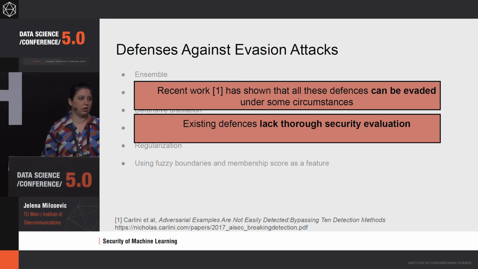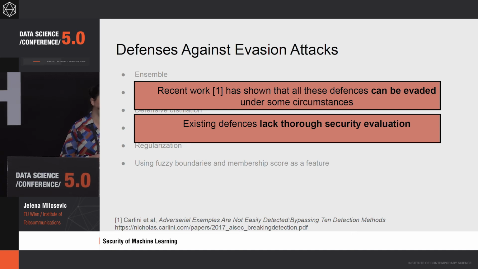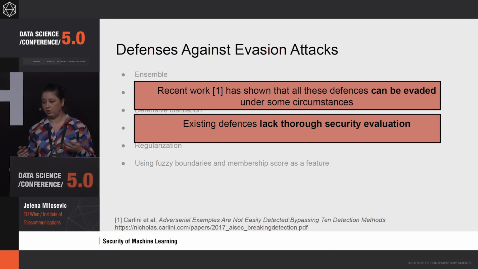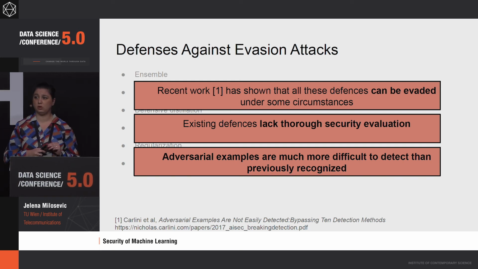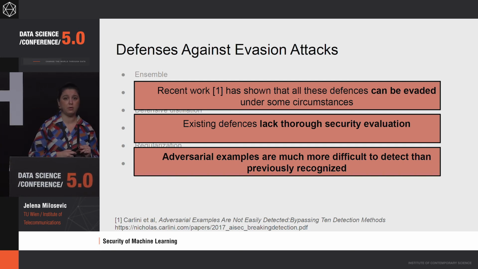So some people said, okay, my defense works amazingly, but they test just one data set, or they test just one attack, not all of them, and not the strongest one. And finally, the conclusion with respect to this is that adversarial samples are much more difficult to detect and to protect from than what was initially thought. So this whole area still remains an open research problem.